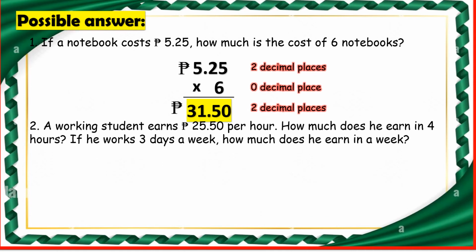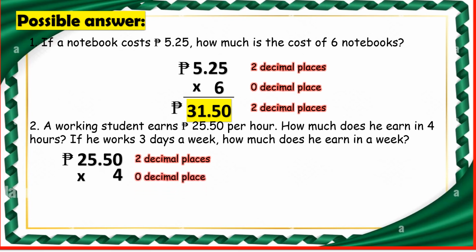Okay, for problem number 2, a working student earns 25 pesos and 50 centavos per hour. How much does he earn in 4 hours? If he works 3 days a week, how much does he earn in a week? So we multiply 25 pesos and 50 centavos, which has two decimal places, by 4, which has 0 decimal places.